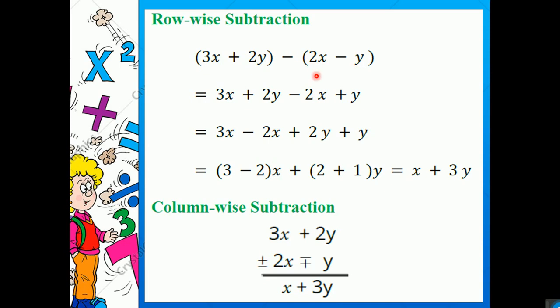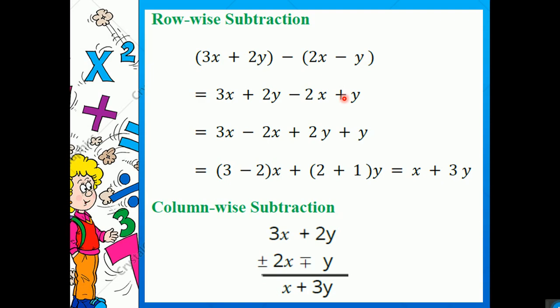Now open these brackets. First bracket terms write as it is, 3x plus 2y, and when we open this bracket we will change the signs of each term because there is a minus sign before this bracket. So this plus 2x becomes minus 2x and minus y becomes plus y.